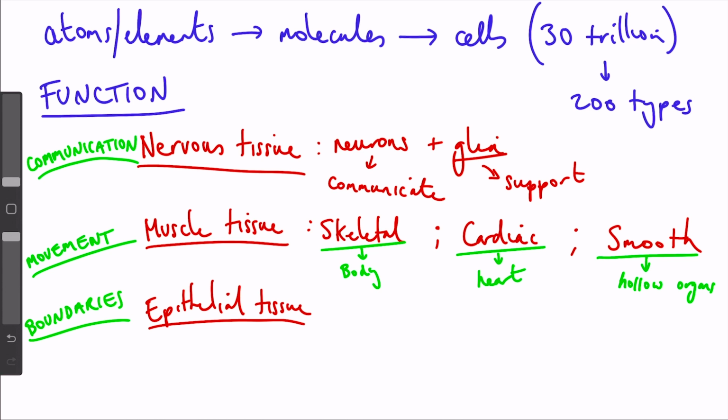Now, sometimes you can have epithelia which wants things to cross it. Sometimes it doesn't, sometimes it does. So the form of the epithelia, the way it looks, determines its function. If it's really thin like this and one layer, it wants things to go back and forth through the process of diffusion.